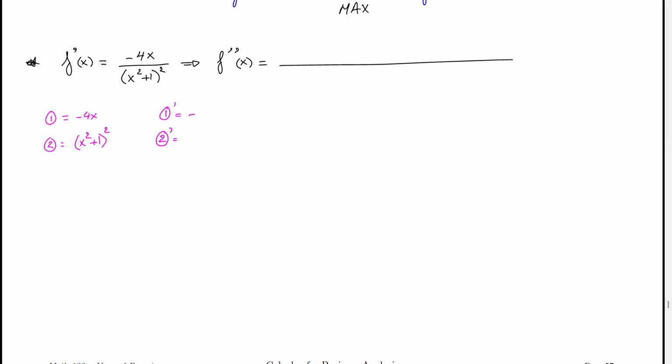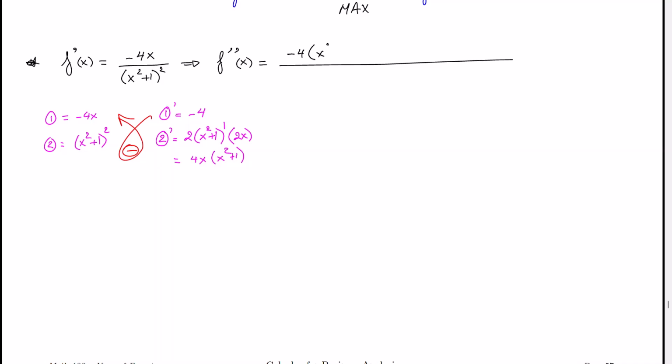Derivative of -4x will be -4, but derivative of (x squared plus 1) squared will be 2 times (x squared plus 1) to the power of 1, because we subtract 1 from the power, times the derivative of the inside, which is simply 2x. So ultimately, this is just going to be 4x times (x squared plus 1). And my quotient rule tells me to multiply 1 prime 2, 2 prime 1, subtract, square the bottom, and off you go. So now that we have all the parts ready, let's put it together.